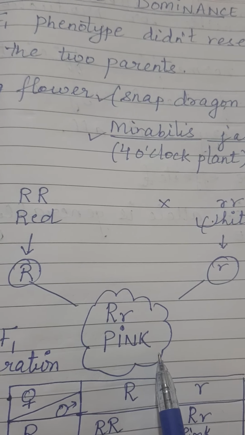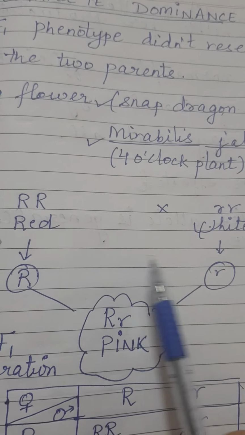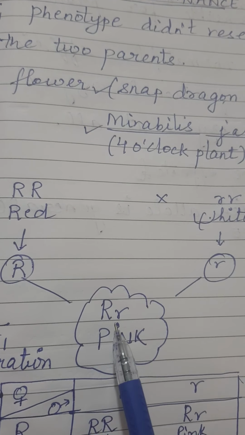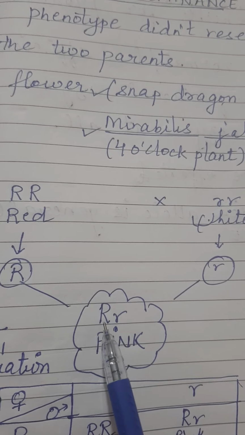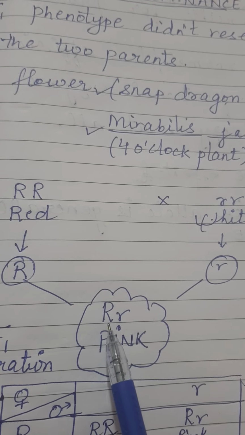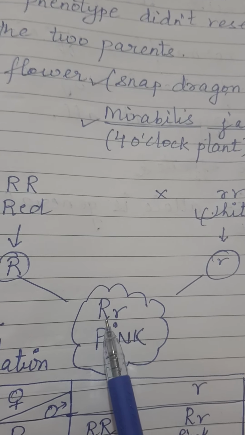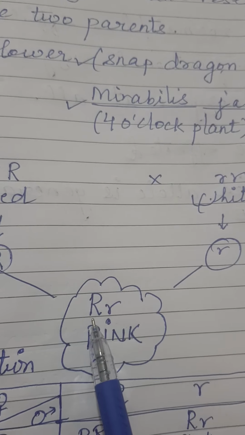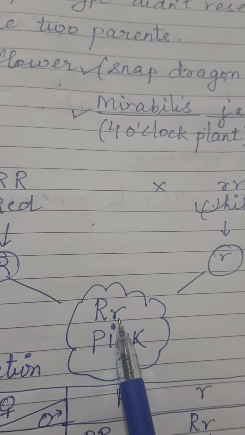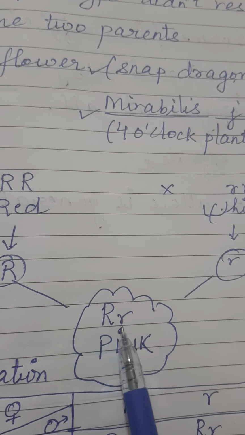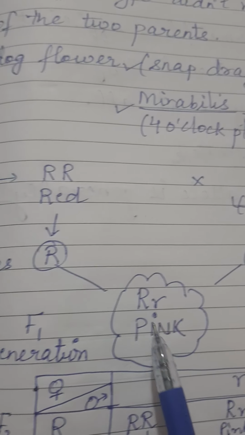The color is pink. It does not resemble either parent. This suggests that in the presence of small r, capital R is not able to express completely. That is why we can say capital R is incompletely dominant over small r, because it is not showing red color.